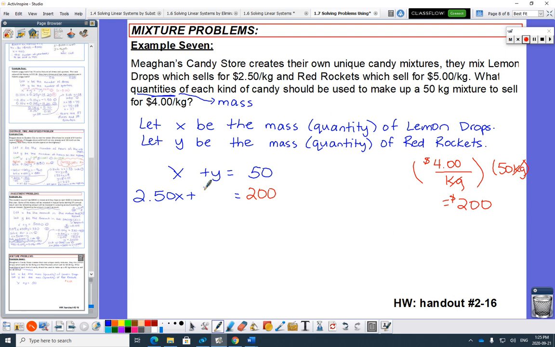Red rockets are Y. I'll do one more substitution.